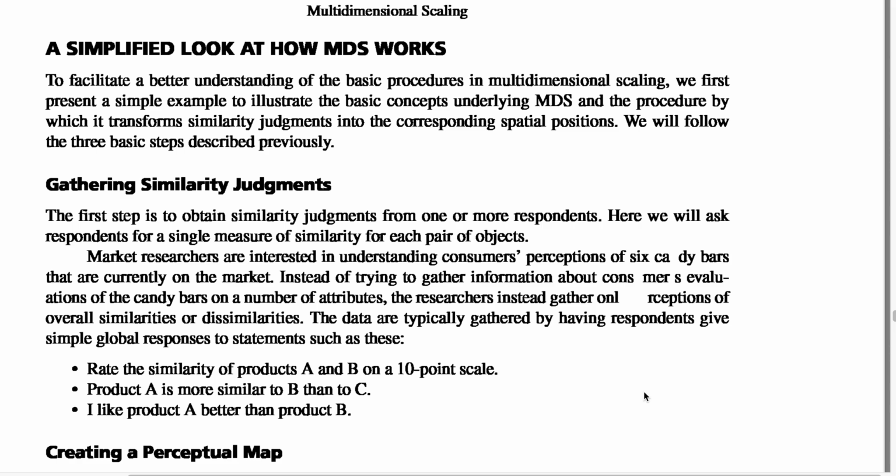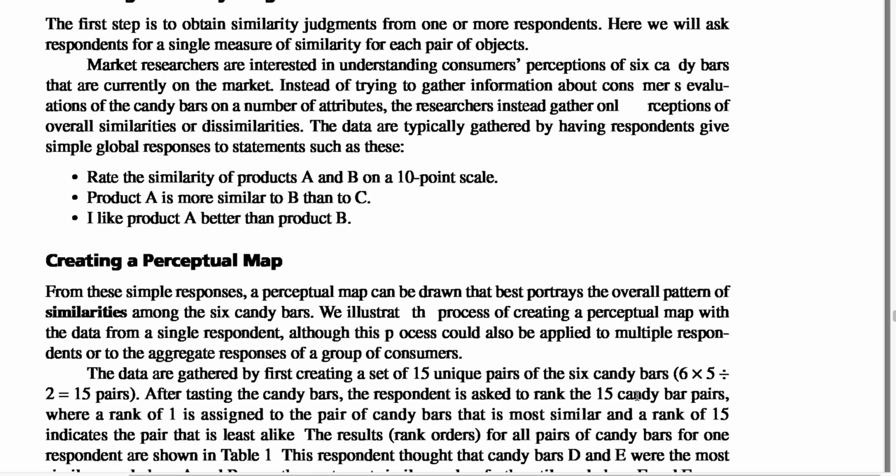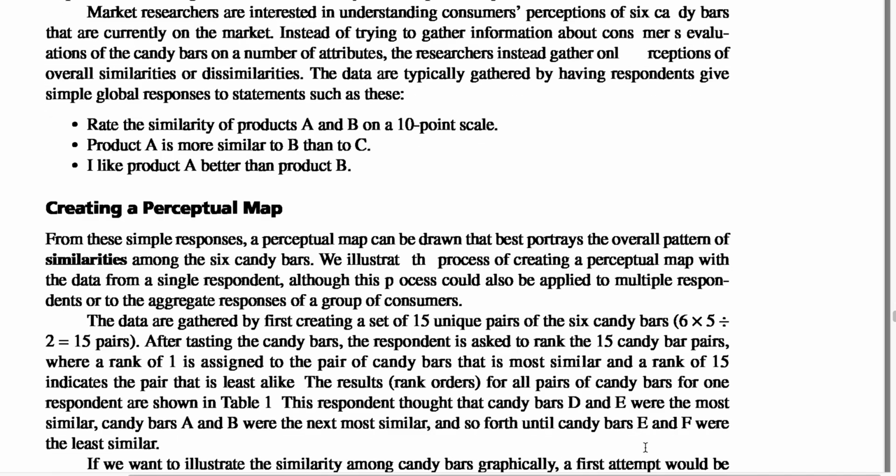The data are typically gathered by having respondents give simple global responses to statements such as these. Number 1, rate the similarity of products A and B on a 10-point scale. Product A is more similar to product B than to C. I like product A better than product B.